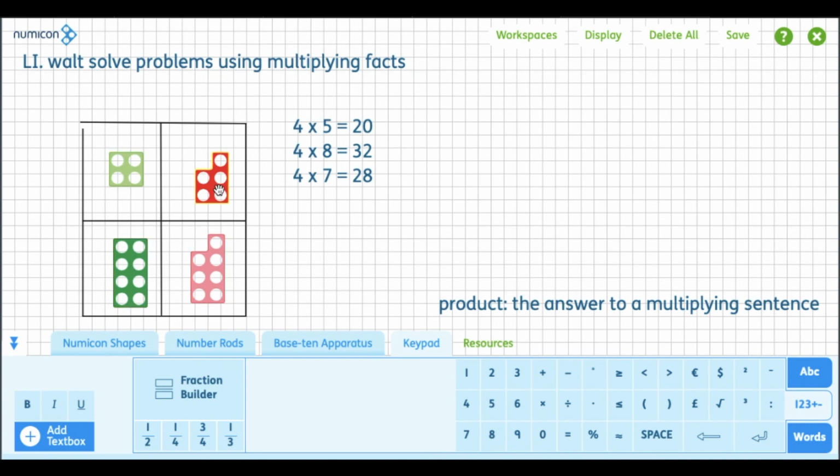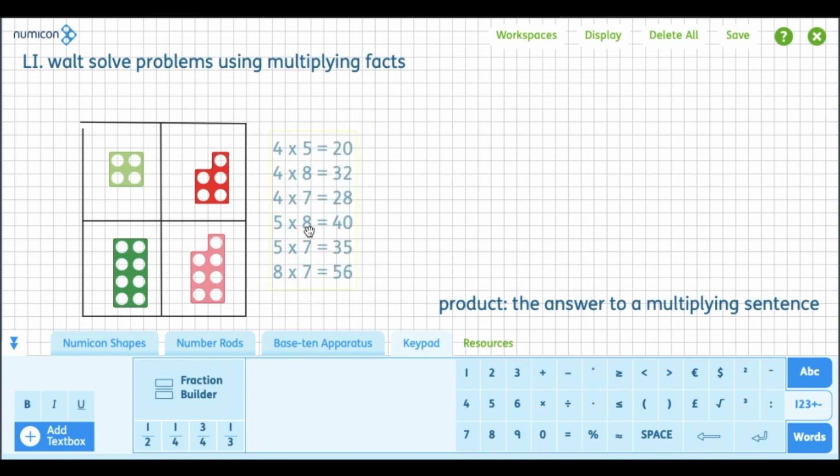Now we've already done 5 times 4 because we did 4 times 5, so we don't need to do that one. So we'll do 5 times 8 and 5 times 7. So 5 times 8 equals 40, and 5 times 7 equals 35. And then the last one, we've done 8 times 4, 4 times 8, we've done 8 times 5, 5 times 8, so the only one left to do is 8 times 7, and that is equal to 56.